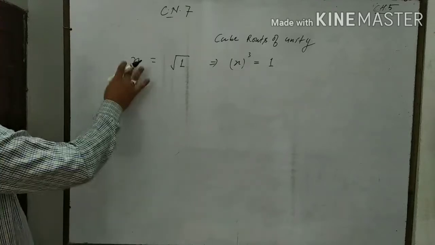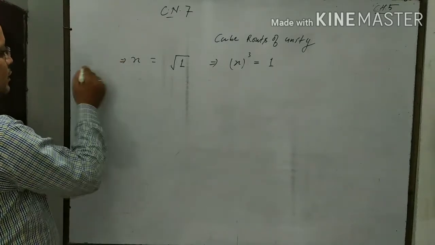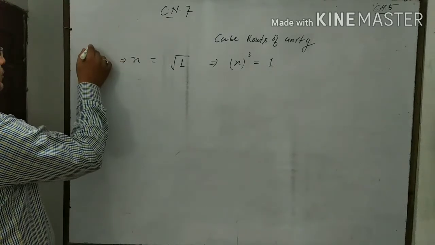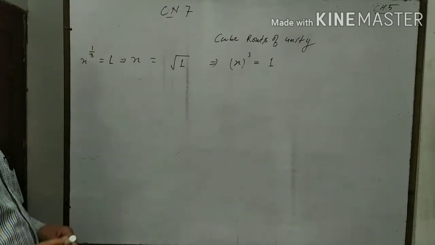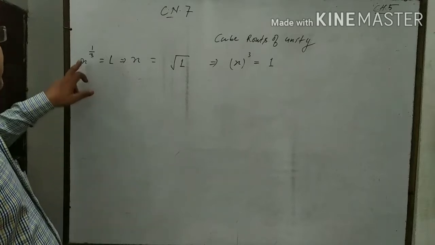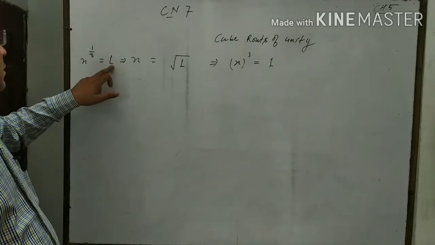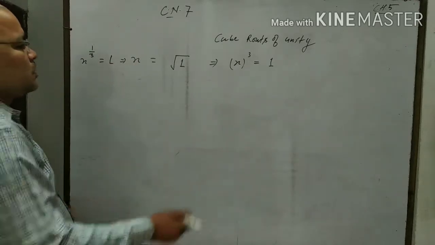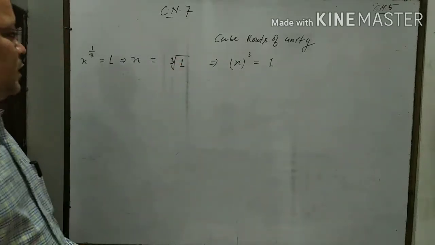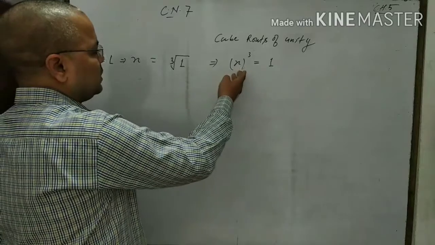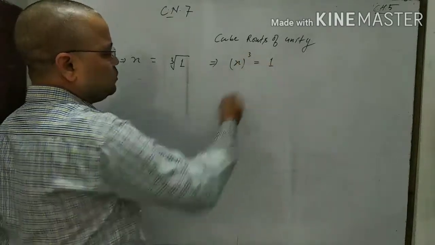And from where does this come? It comes from x raised to the power 1 by 3 is equal to 1. It means x raised to the power 1 by 3 is equal to 1, then x is equal to cube root of 1. Or we can write, cubing on both sides, x cube is equal to 1.